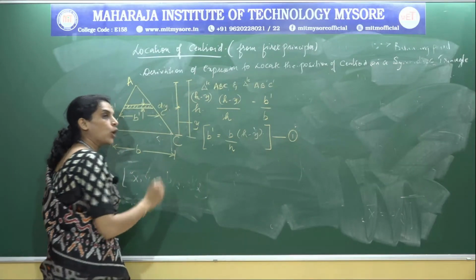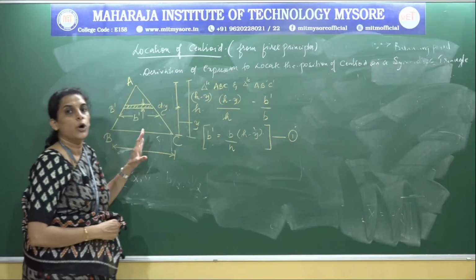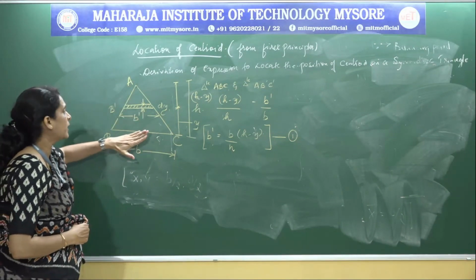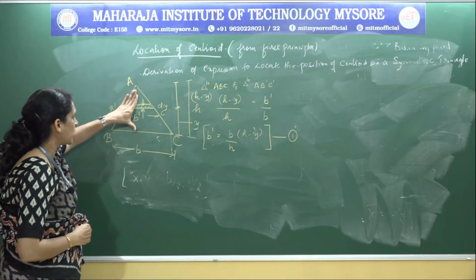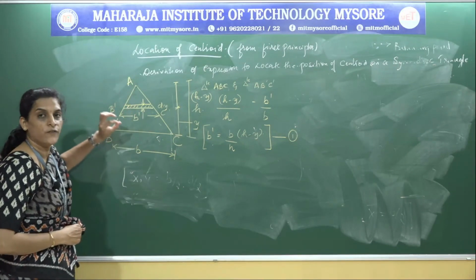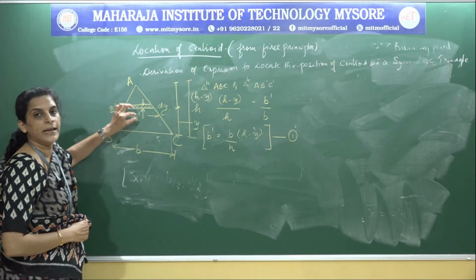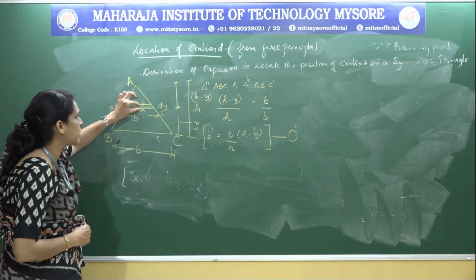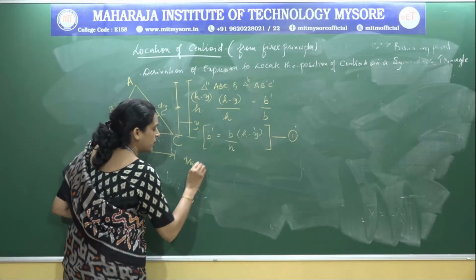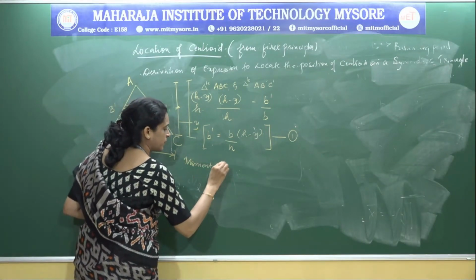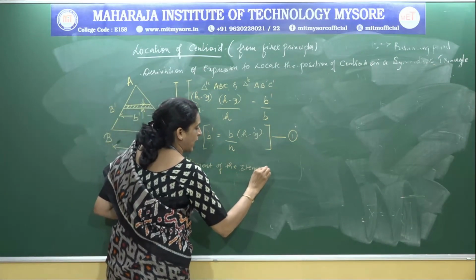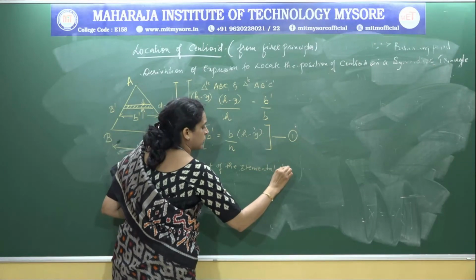So now in order to get the moment of the whole lamina, we are dividing this whole lamina into individual elemental strips. So first of all, we are finding the moment of the small strip we have considered. So now moment of the elemental strip that we have considered.